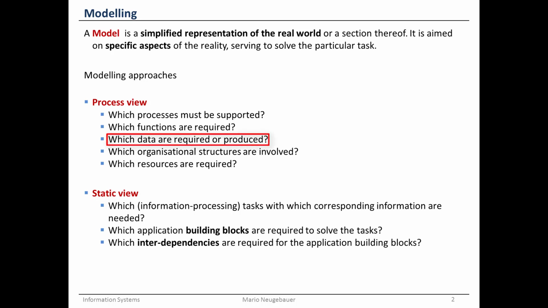Third question, which data are required or produced within the processes. And this refers finally also to the functions and to the possibilities to put data into the system or to get data out of the system. If you produce data in the process, for example, if you measure something regarding the product, then you produce data in the process and you somehow need to save them.